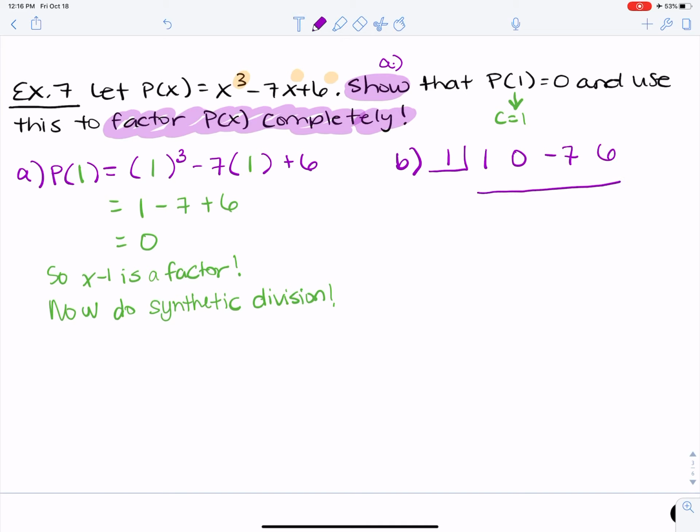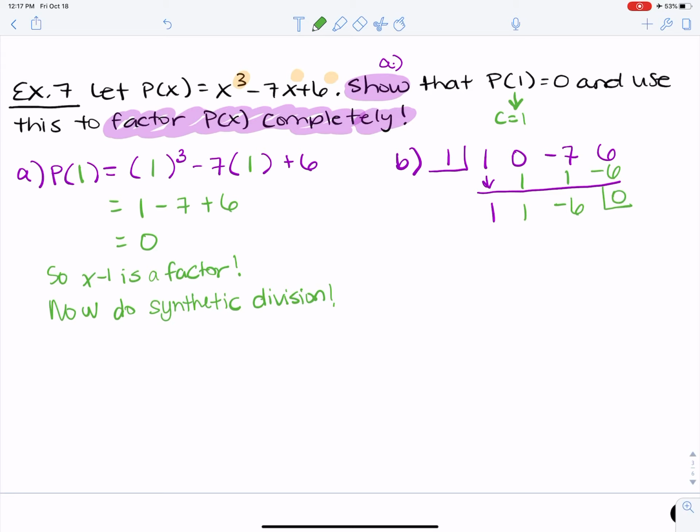Bring that 1 down. 1 times 1 is 1. Add that, and that's still 1. 1 times 1 is 1, and add that, that's negative 6. And 1 times negative 6 is negative 6. And oh, what do you know? It's 0.